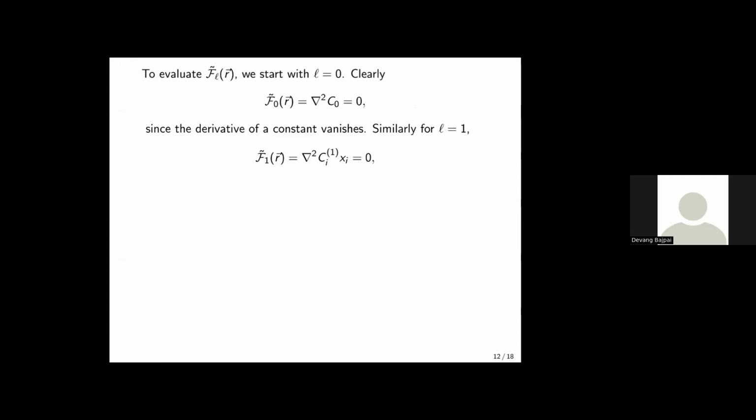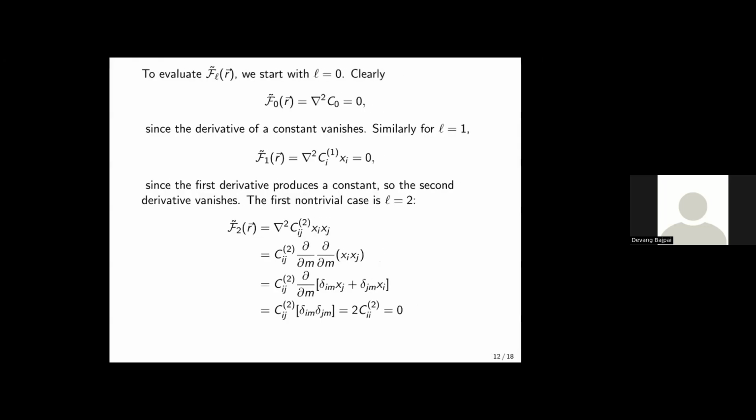Now the first non-trivial case comes when we talk about L equal to 2. If we compute it for L equal to 2, you can easily see that due to some terms that are symmetrized in i, j, and k and the delta function, it will also be equivalent to 0.